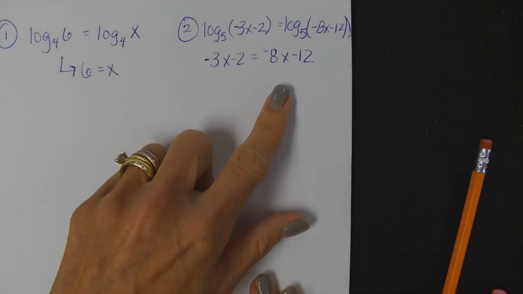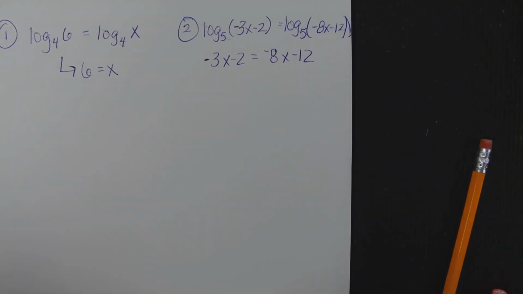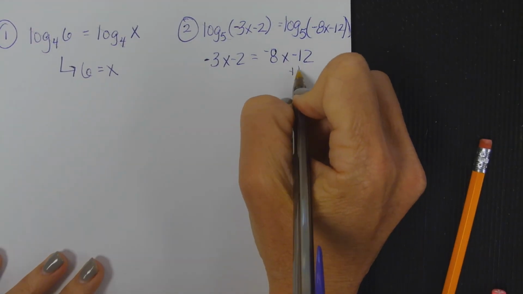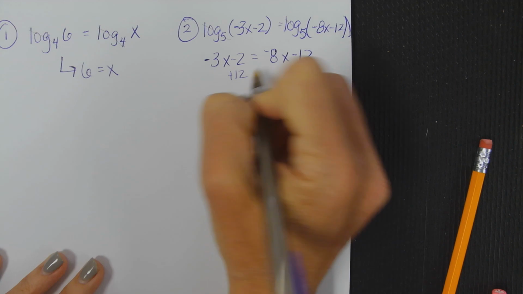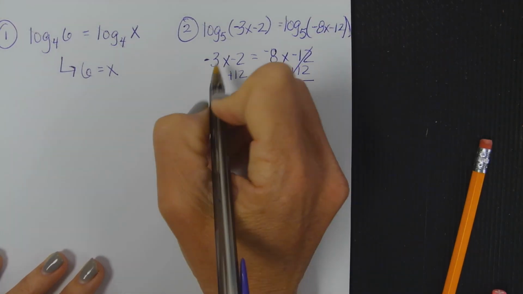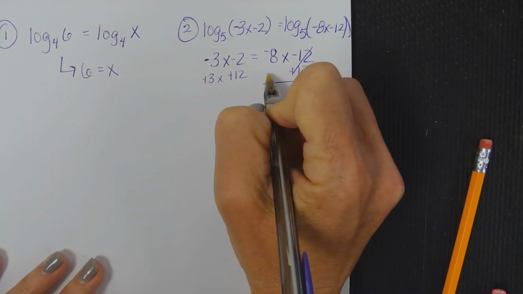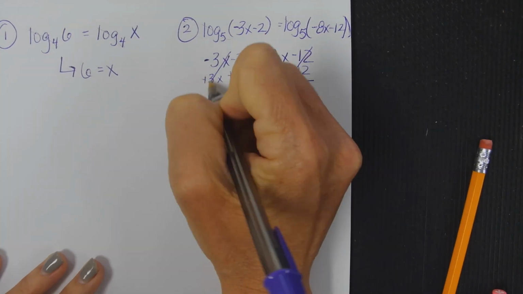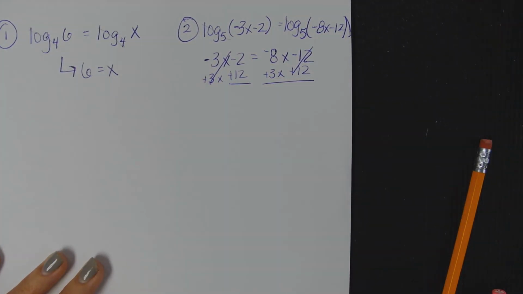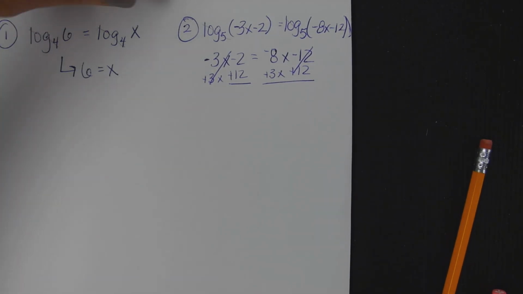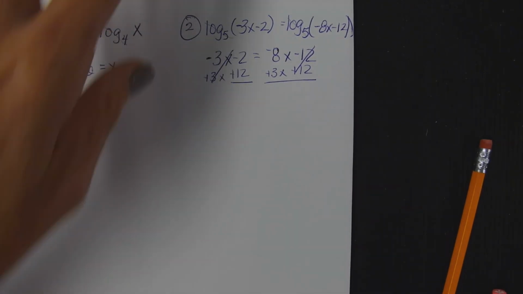Okay, variables on both sides, so I'm just gonna go for it. Add 12 to both sides. Goodbye. Add 3x to both sides. Goodbye. You did not have to do it my way. You could have done it a different way, and you'll get the same answer.